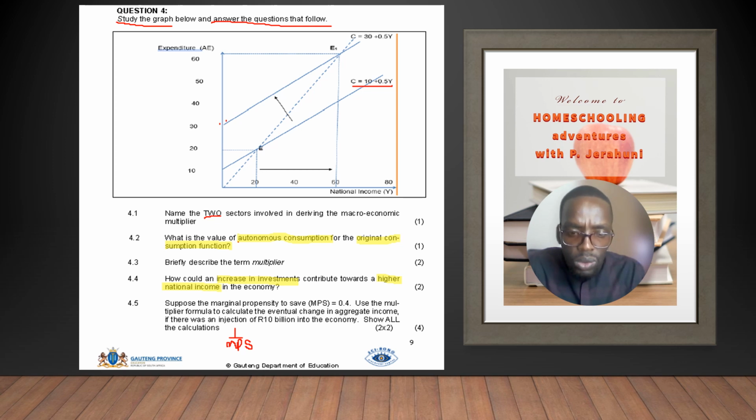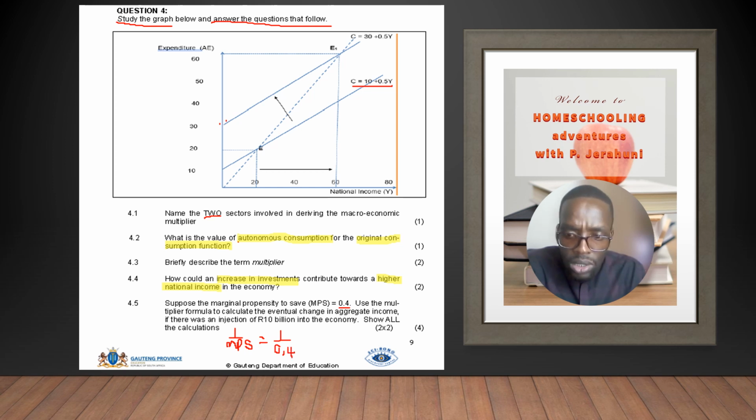Okay, so it's going to be 1 over MPS, which in this case now is going to be 1 over our MPS, given here as 0.4, so it's 1 over 0.4.